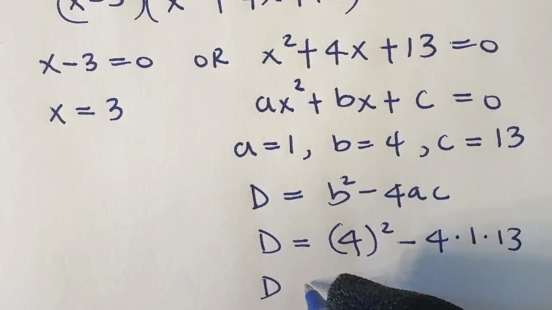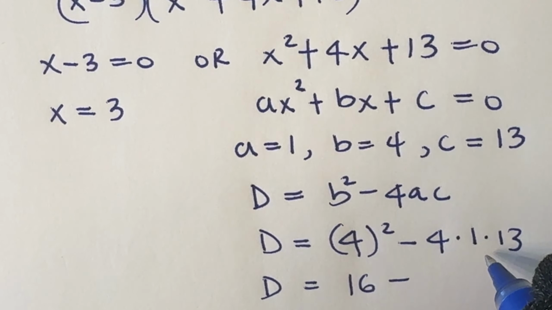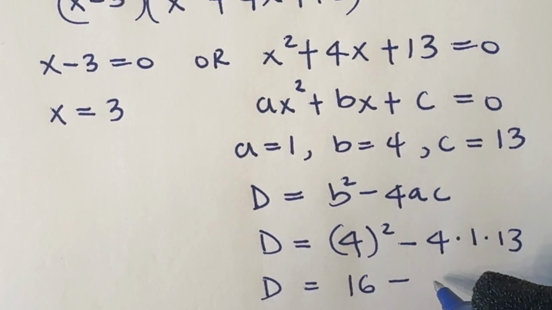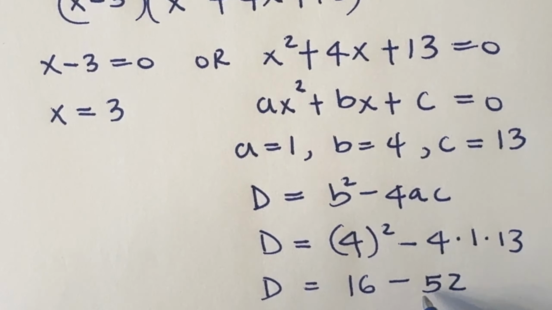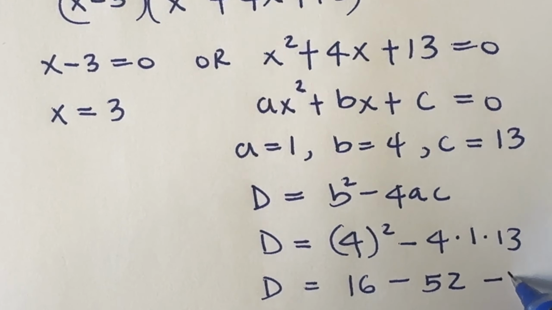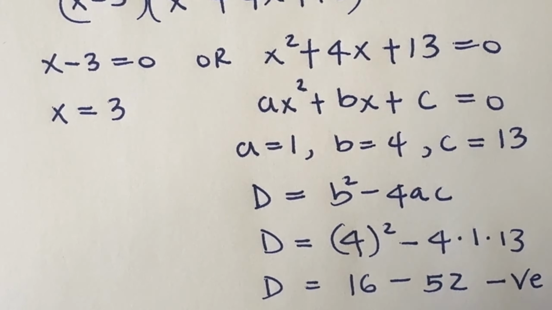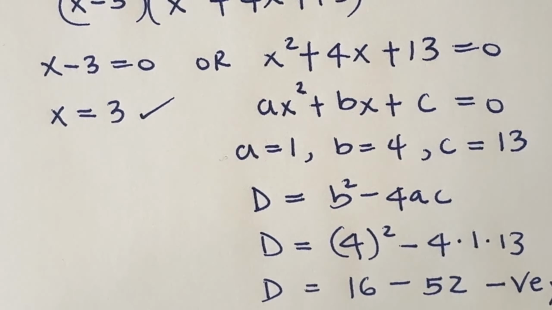So d is equal to 4 squared here is 16, then 4 times 1 is 4, 4 times 13 is 52. Obviously, 16 minus 52 is a negative value. So we are going to ignore this process and face this.